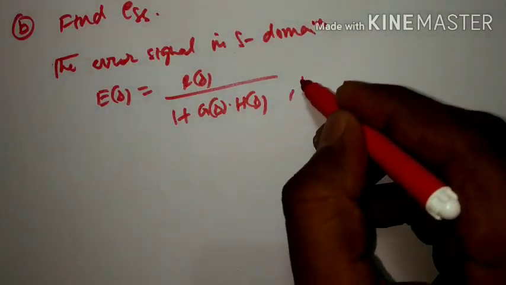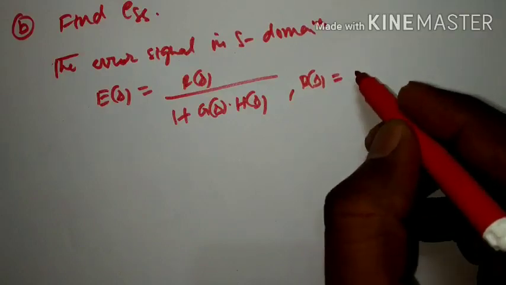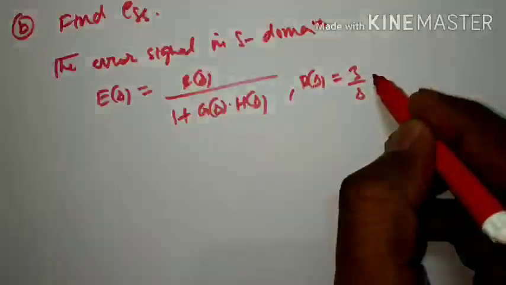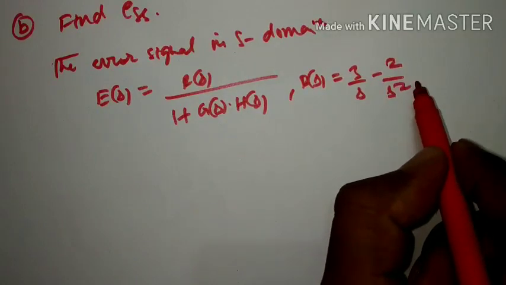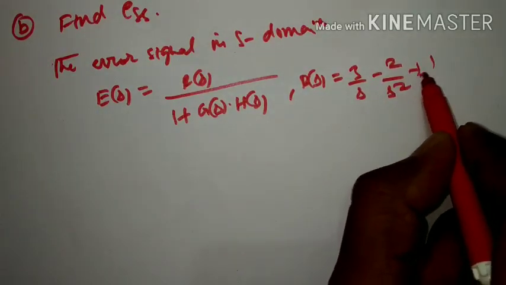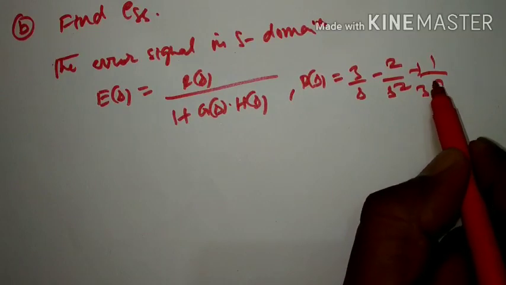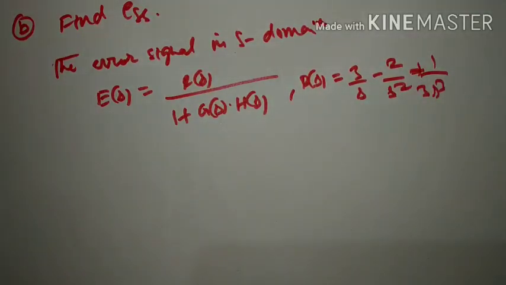You have given R of S is equal to 3 by S minus 2 by S square plus 1 by 3 S cubed.